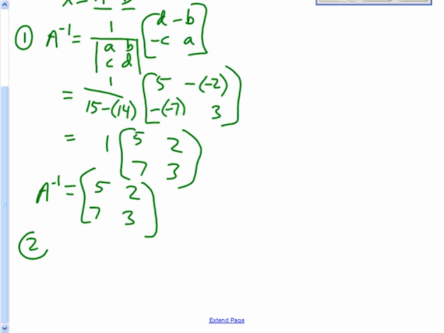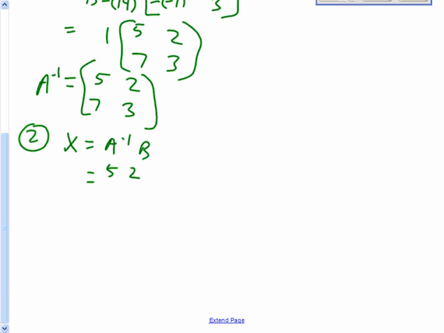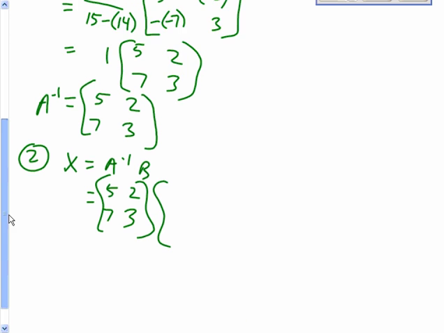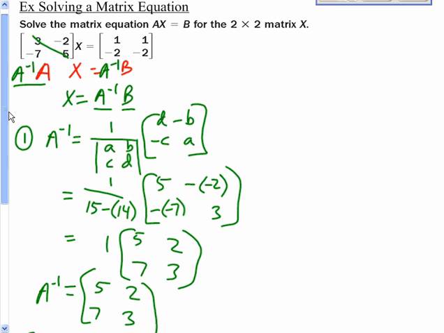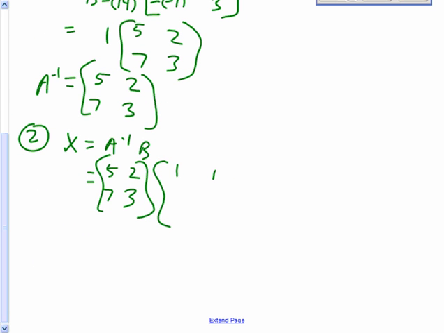Okay. Step 2. Now we say, well, X is A inverse B. 5, 2, 7, 3. Multiply by matrix B, which I don't recall: 1, 1, negative 2, negative 2. And we get 5 plus negative 4.